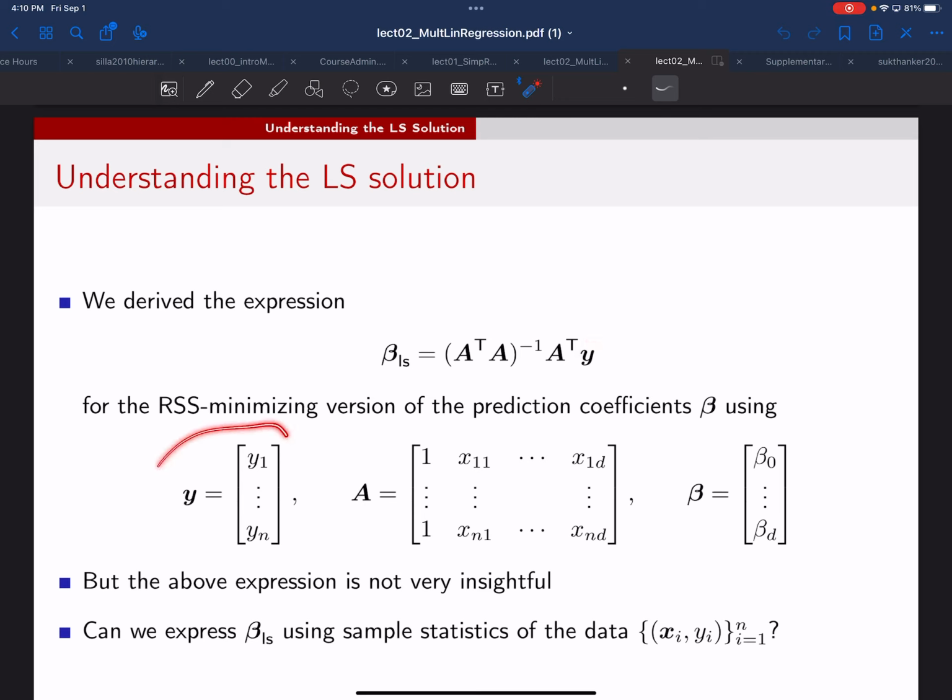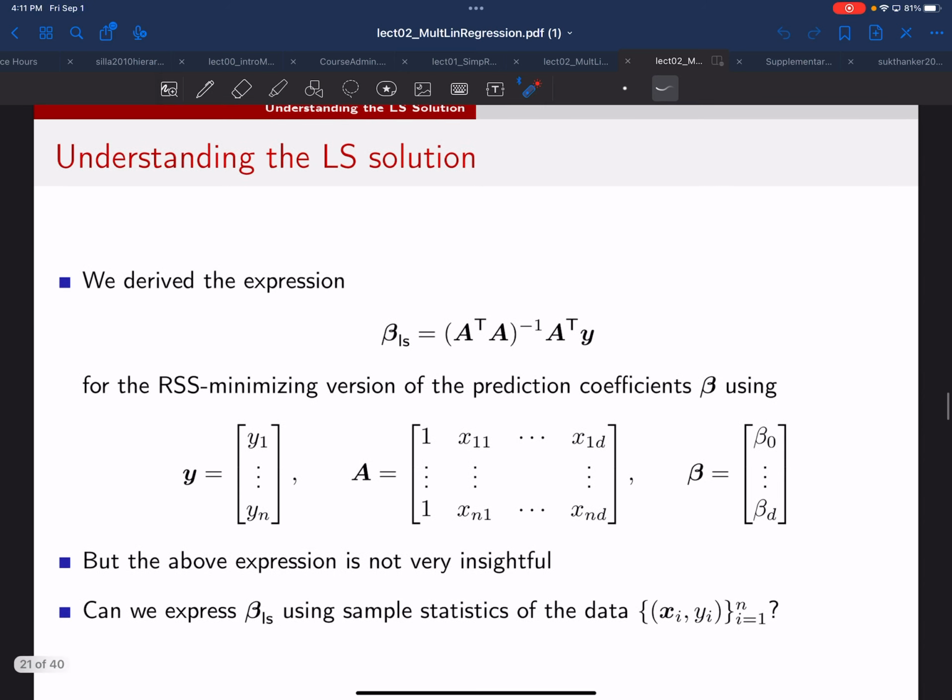Y contains all our training targets, and then the beta vector we're trying to design contains the intercept term and then all the D slope terms for these different features. So this is a nice, concise expression, and it's probably how you would actually implement it, more or less. We'll talk about that. But it's not very insightful in terms of understanding.